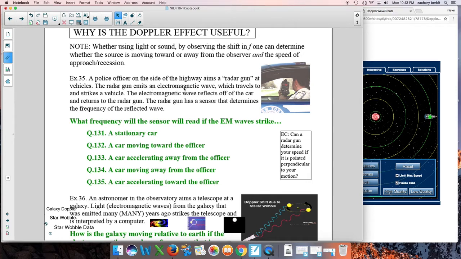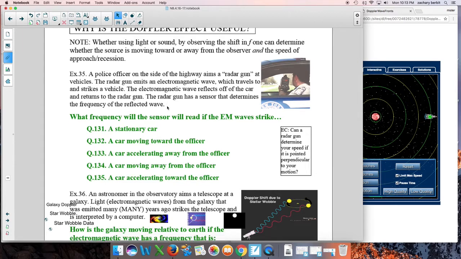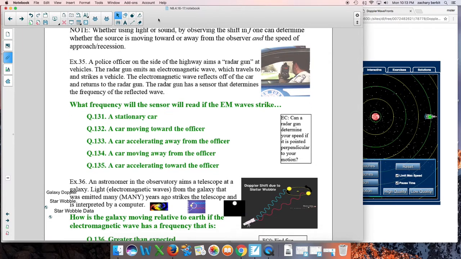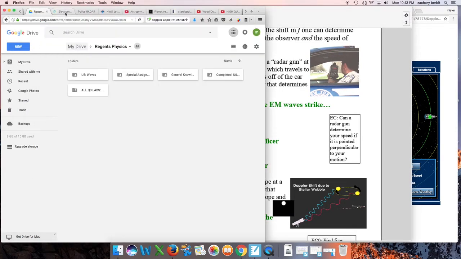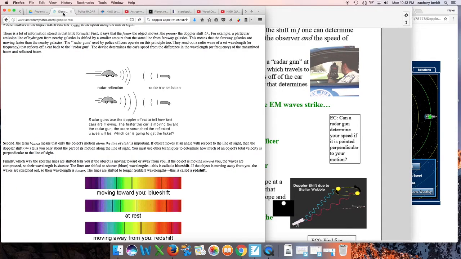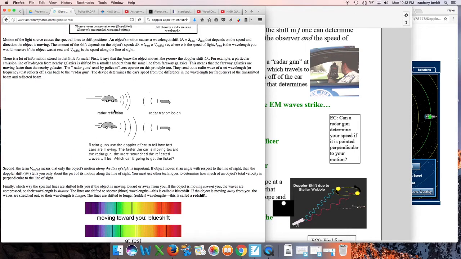The radar gun sends out an electromagnetic wave that goes and strikes a vehicle, reflects and returns to the gun. Let me give you a little idea of what's going on here. Here's a quick cartoon of it. A radar gun sends out light. That light hits a moving car.